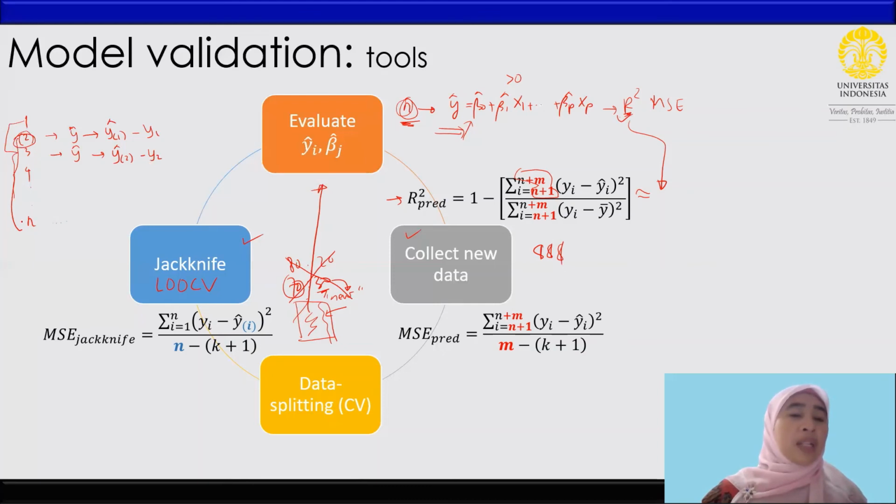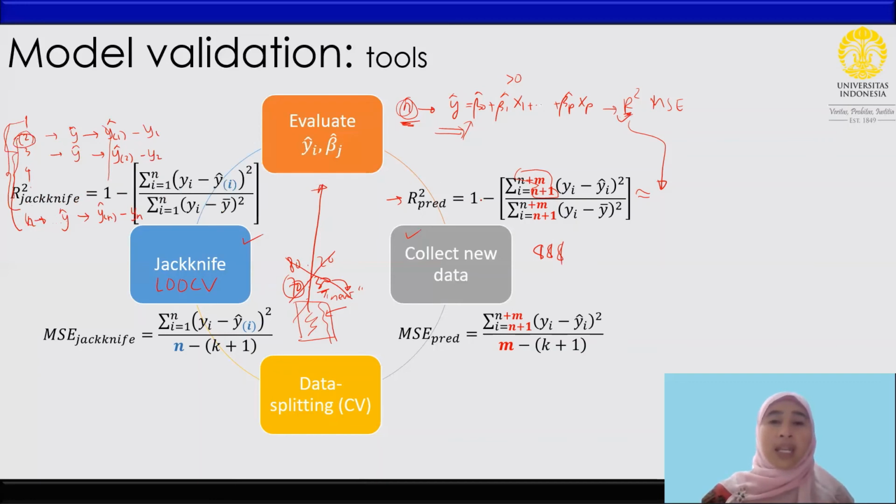We keep going until the last step, where we leave out the nth data point, fit the model using the first n-1 data points, get the regression line, use this line to predict the nth data point, and compare it with its actual value. According to these results, we can again calculate R squared or the mean squared error, by considering the data point left out as the new data.